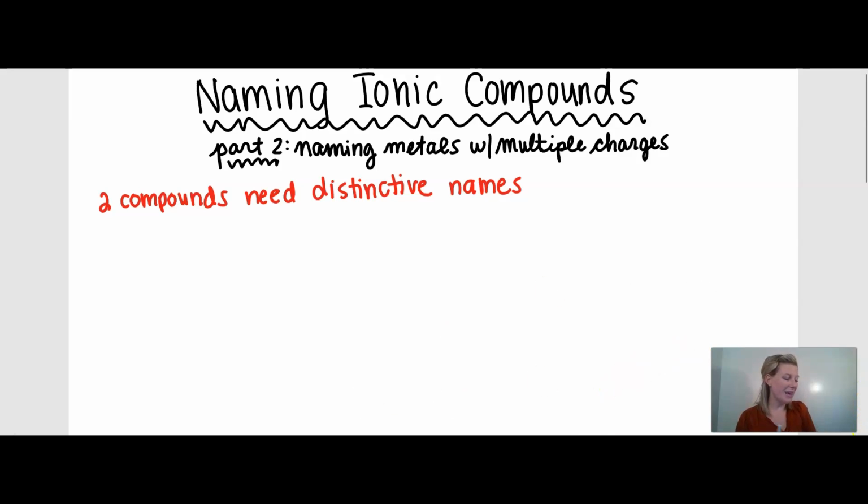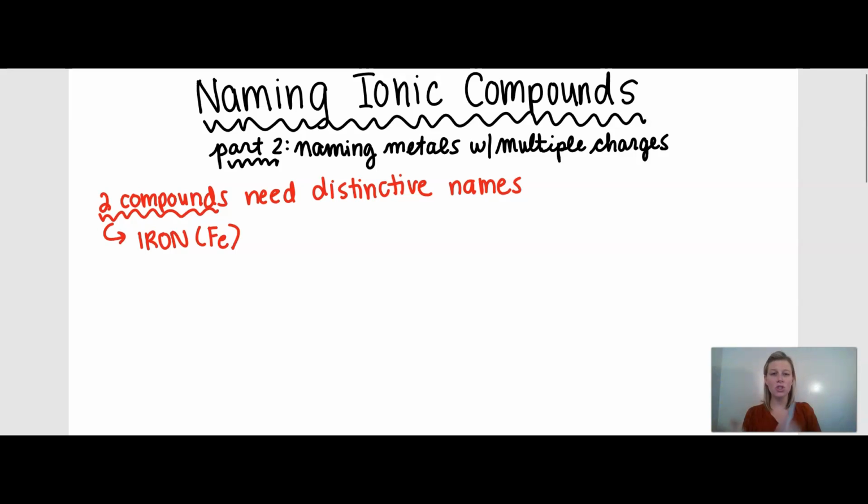The thing that makes these two compounds really special is that they're made with iron, or Fe. If you take out your periodic table and take a peek at element Fe, or element 26, you'll notice that Fe forms a +2 charge and a +3 charge.